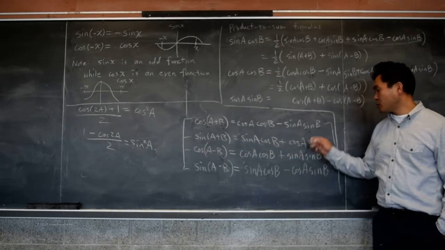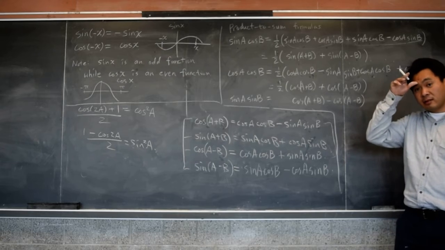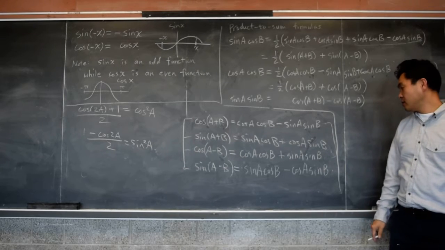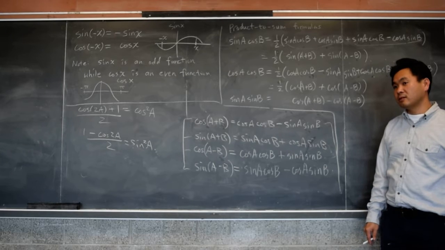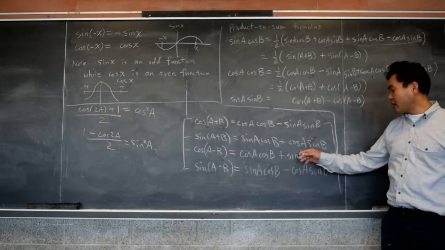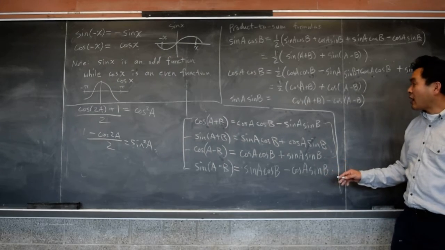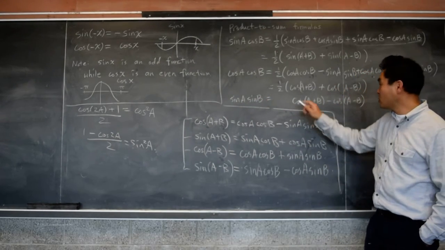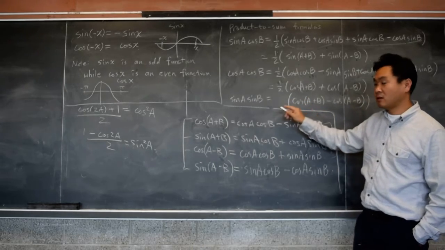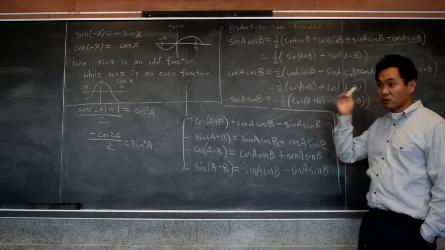This cancels, but what about this? This minus this is negative 2 sine A sine B, right? But I want just sine A sine B, not negative 2 sine A sine B. So what do we do? Negative 1/2, because we want positive.